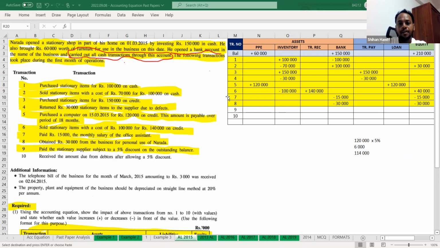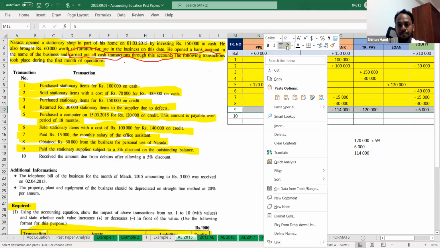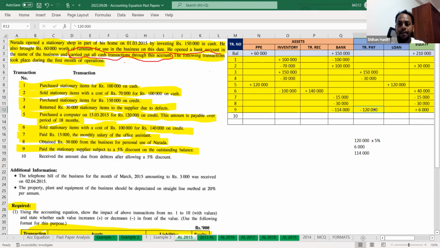Trade payables will reduce by 120,000 because we are settling the amount fully, and this 6,000 is a discount received. Discount received is an income, so equity will increase.